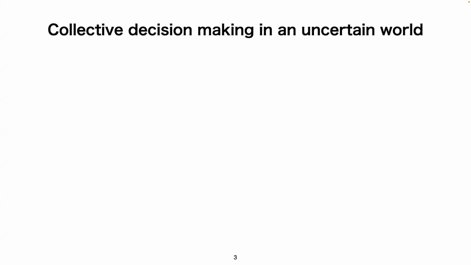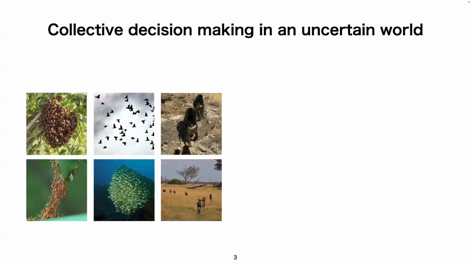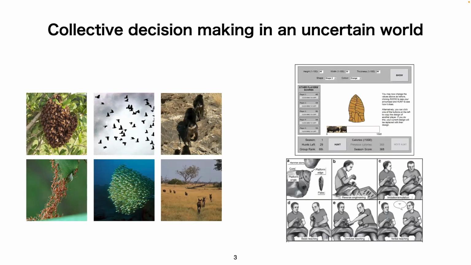Okay, so first of all, as Kameda-sensei said, collective behavior is not happening only in humans, right? There is a wide range of species and biological systems that show collective patterns and collective behavior through individual interactions and learning strategies. And of course, human societies also show a range of collective behavior.